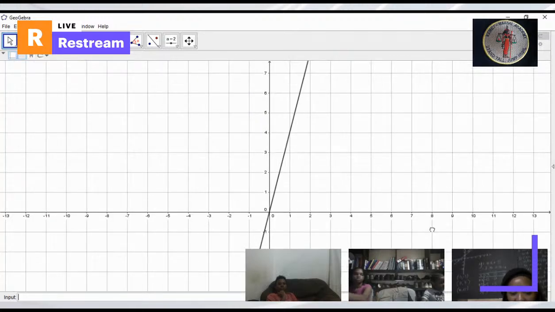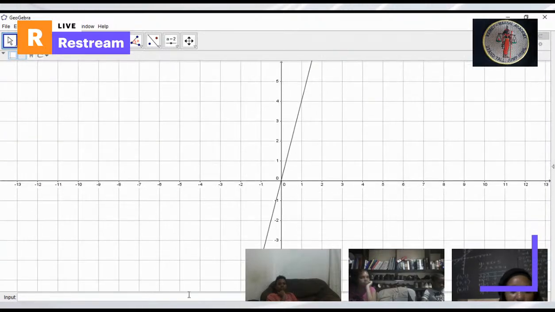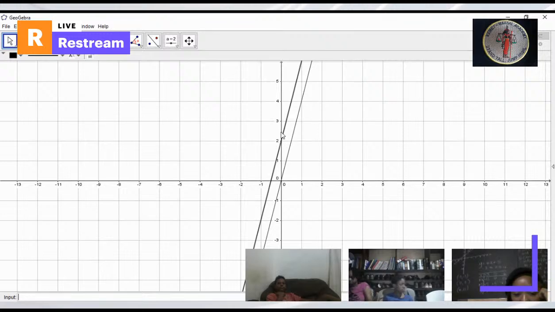So this is a line y equals 4x. Suppose we say y equals 4x plus 2. Y equals 4x plus 2. So this is the line y equals 4x, this one. And this is the line y equals 4x plus 2.